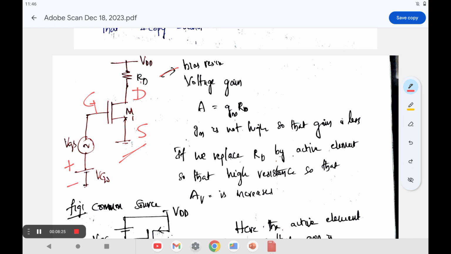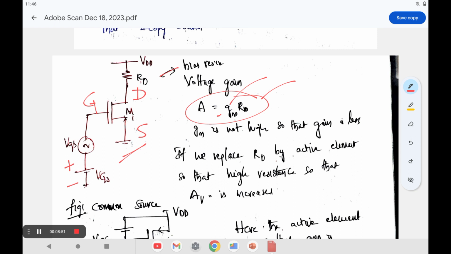This is an analog, an AC signal. Generally, the gain of the MOSFET depends on gm as well as the RD values.